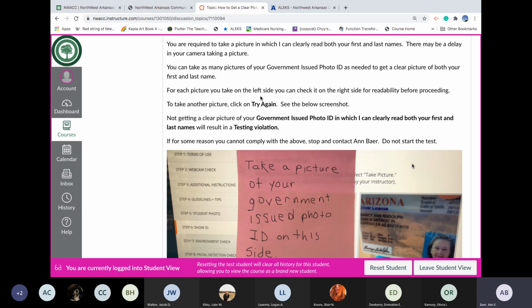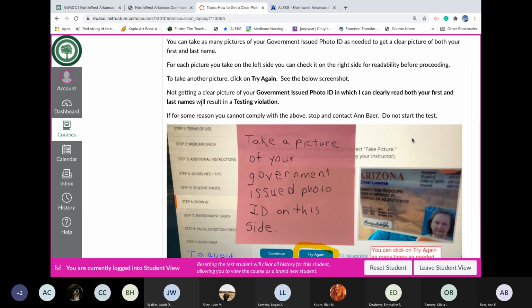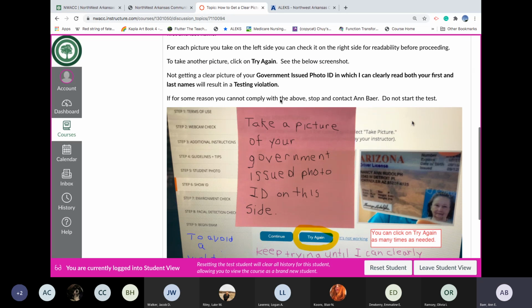So for each picture you take on the left side, you can check it on the right side for readability before proceeding. We talked about how to take another picture. Not getting a clear picture of your government issued photo ID is a testing violation.